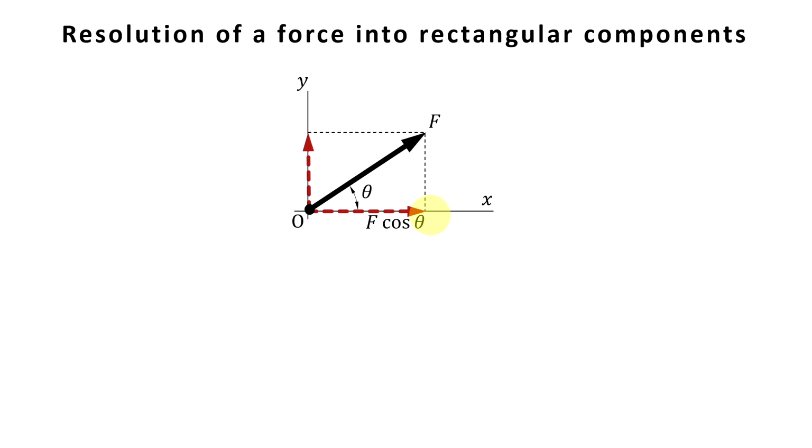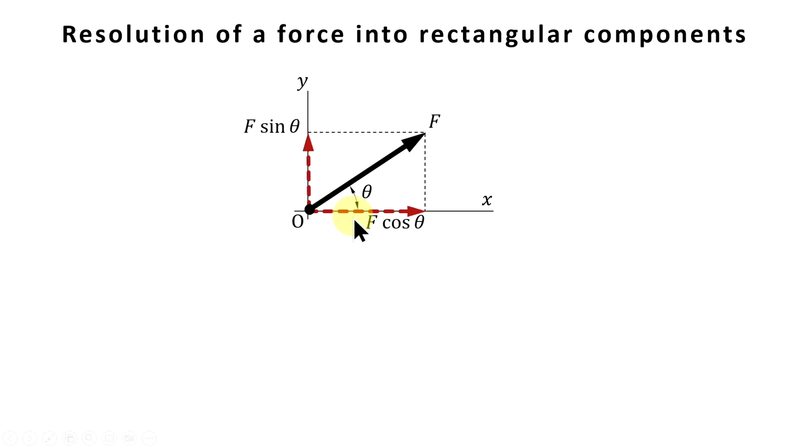The vertical side of this rectangle, the vertical side of this right angle triangle, is opposite to angle theta, so we say F sin theta, the magnitude of this vertical component. So F cos theta and F sin theta are the two components of the force F.